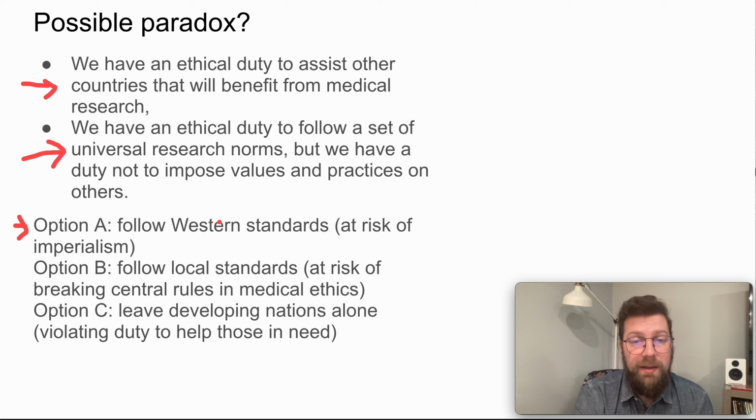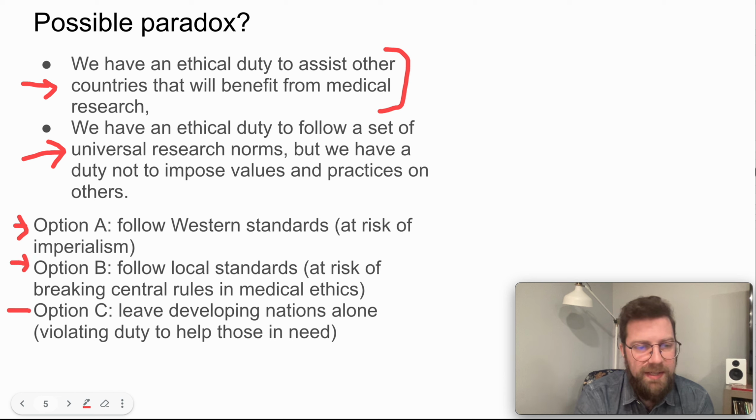That might be a way of avoiding imperialism, but then we end up failing in fulfilling our duty to help others in need. So it seems like there's something bad about all of these options, even though these options seem to be the straightforward solutions to the values that are listed above.